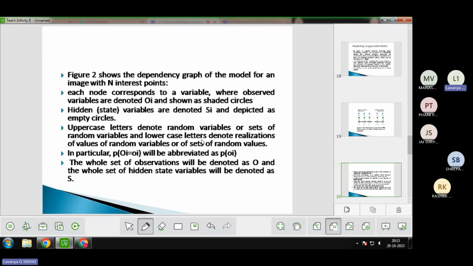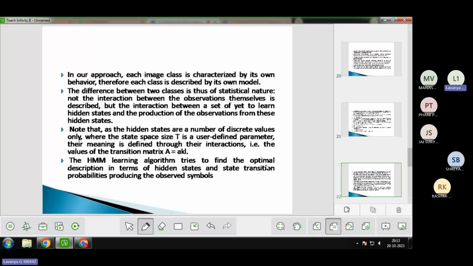The lowercase letter shows the realization value of the random variable. Now we need the probability of the ith observation to be some value small oi. This is abbreviated as P of oi. So using this notation, how will we go about it?